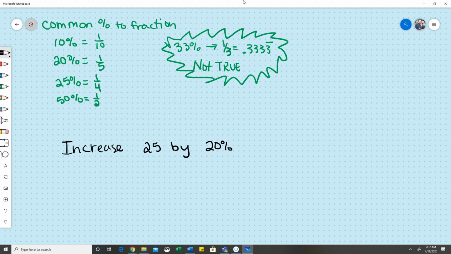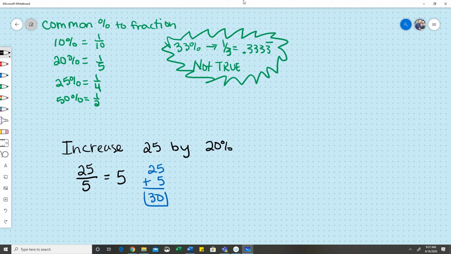Okay, so I'm going to do the division one because that is a slightly easier one to do. I'm going to take 25. I'm going to divide it by 5 so that I get 5. And then I'm going to take my 25 and add 5 to get 30.